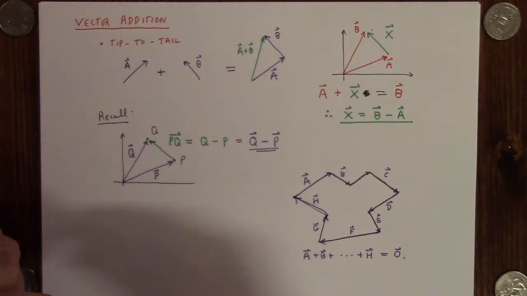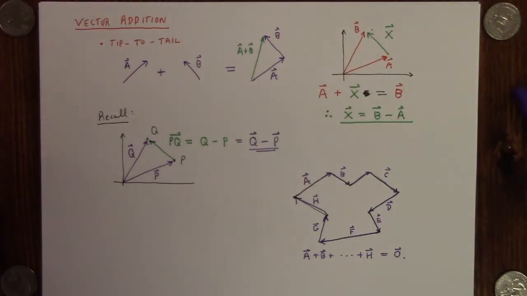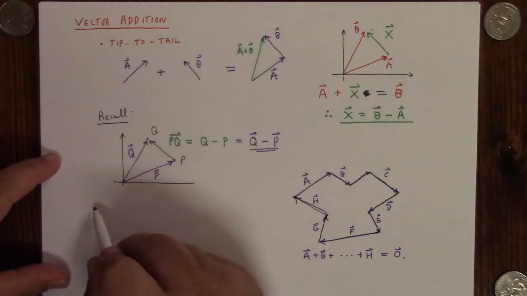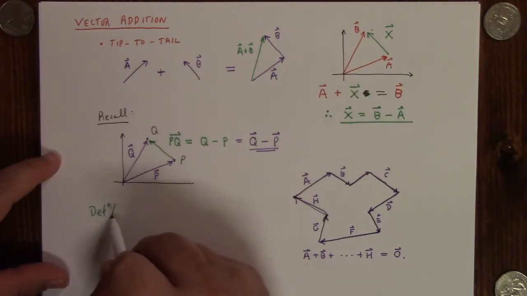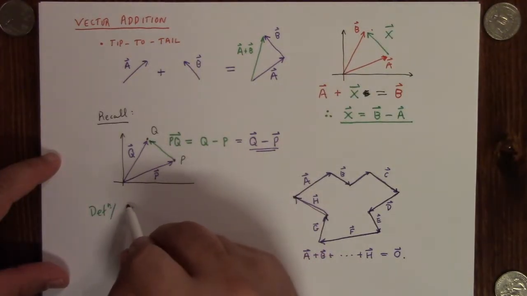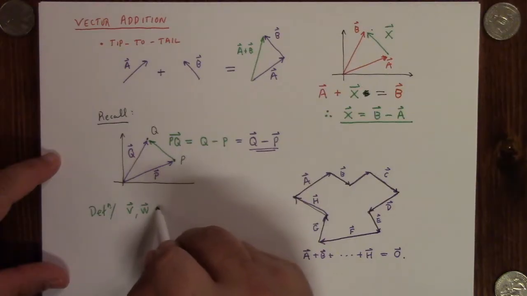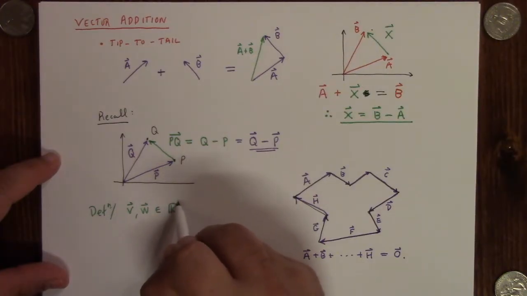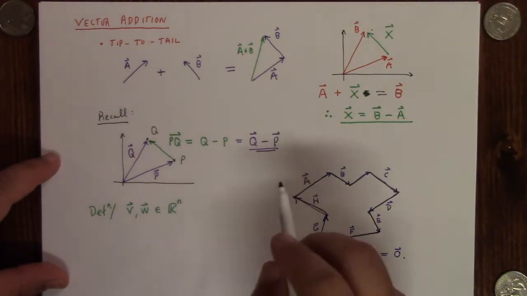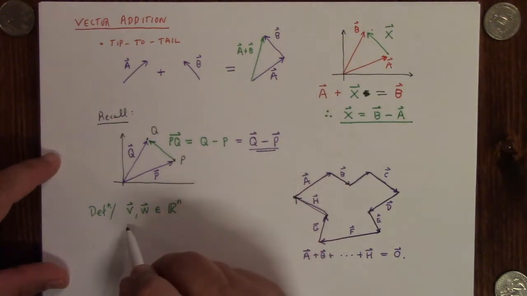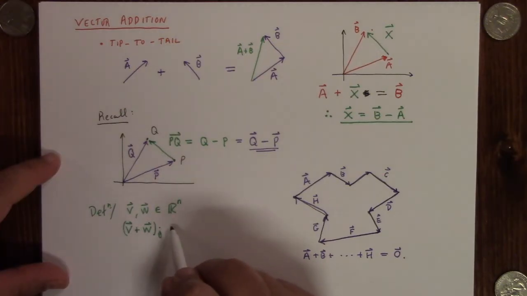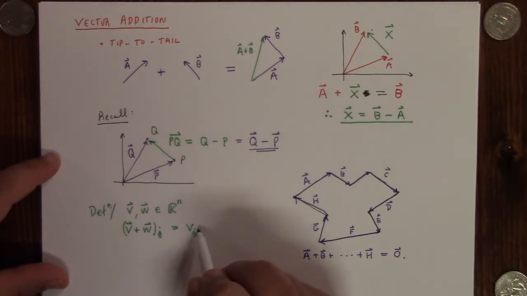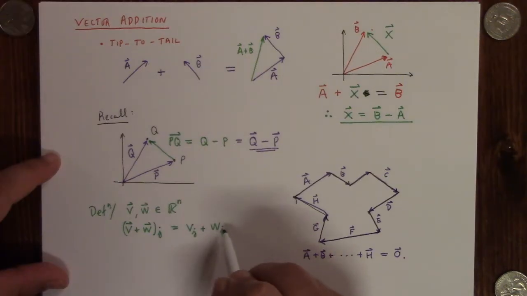The algebraic definition of vector addition is much simpler. So, definition: if I have v and w in R^n, two n-vectors, then we can define the vector addition v plus w by saying that the jth component of that is the jth component of v plus the jth component of w.